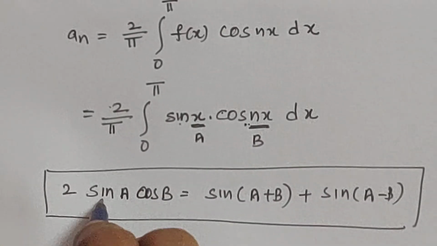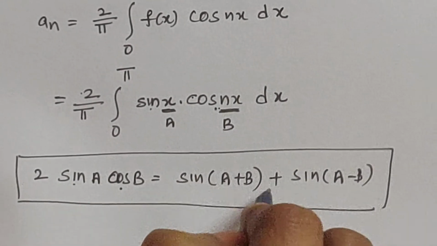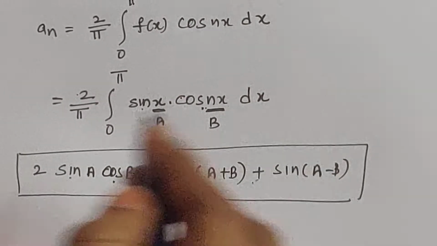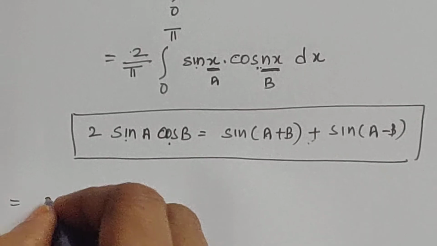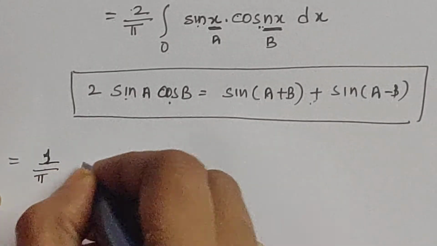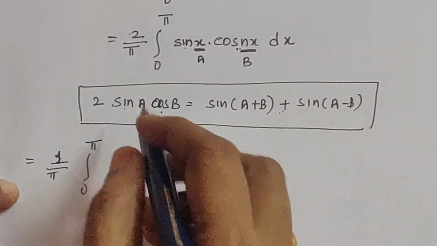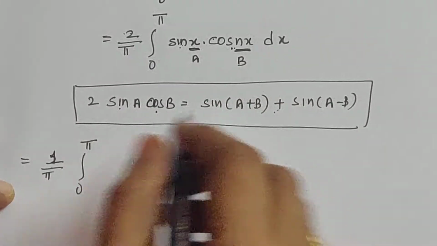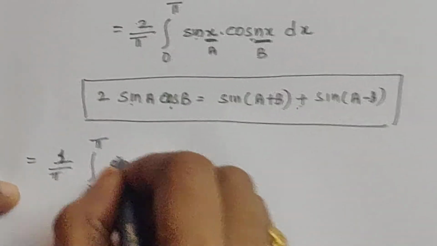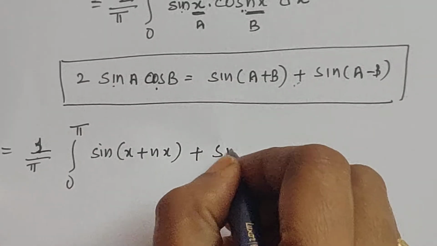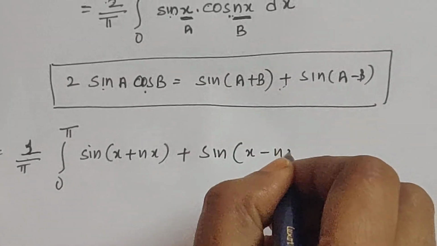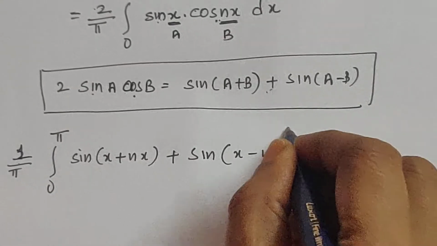That's why we convert the product of two trigonometric functions into a summation using this formula. We already used 2 in the formula, so 1 by pi integral 0 to pi of sin of x plus nx plus sin of x minus nx dx.